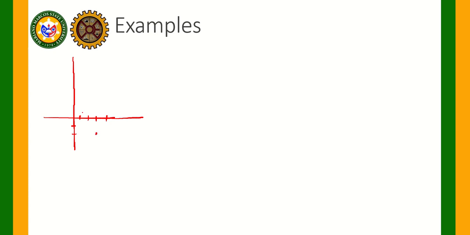Tapos 4, 9. So 4, 1, 2, 3, 4, 5, 6, 7, 8, and then 9. So nandito siya. Tapos yung linear curve natin is from negative 6, 5, 4, 3, 2, 1. Negative 6, nasa negative 1 siya. Tapos 0. So, ito yung curve natin.